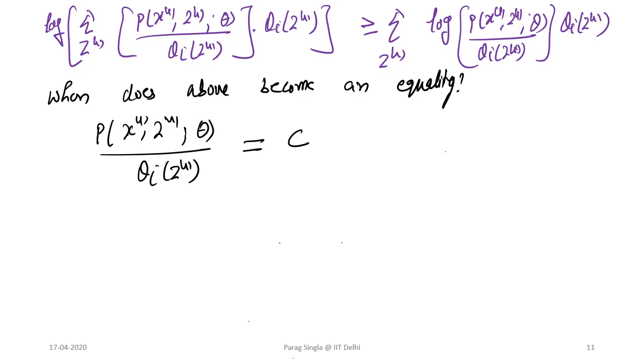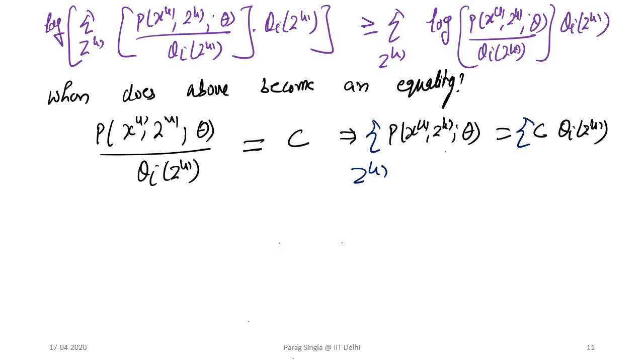And when does that happen? Here c is some constant, which means that p(xi, zi; theta) is c times qi(zi). Then summing over zi, we get the sum over zi of p(xi, zi; theta), and because qi(zi) is a distribution over zi, the RHS is just c.